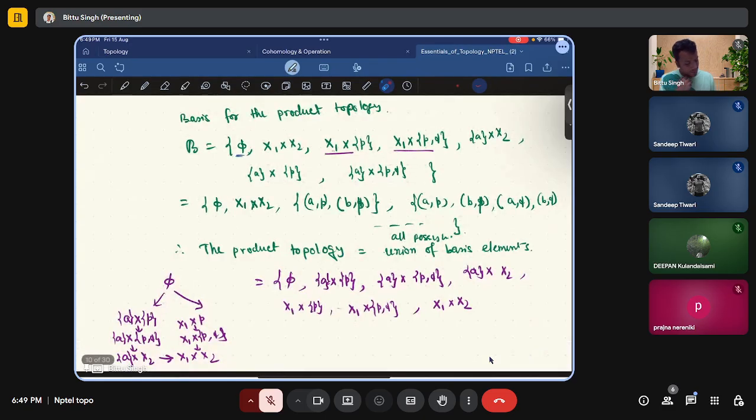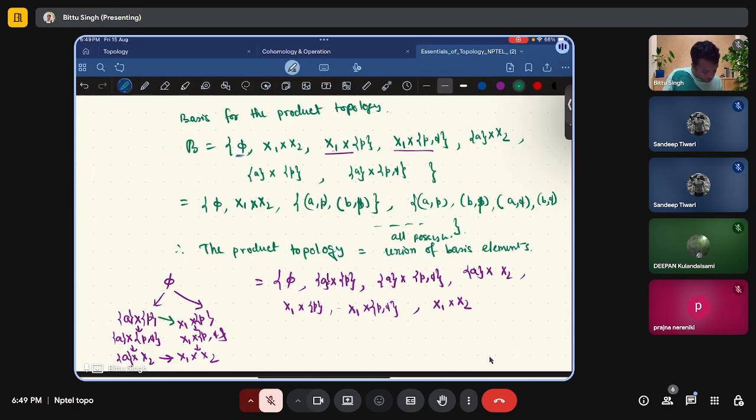For example, A cross P will be contained in X1 cross P, right? A cross P means this singleton element. A cross P will look like this set, so this is contained in this X1 cross P. So there are more relations. This is contained in there.